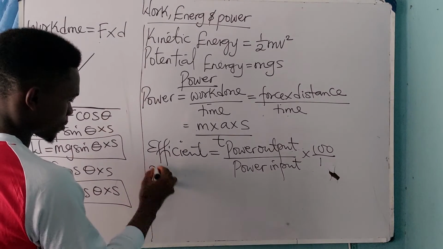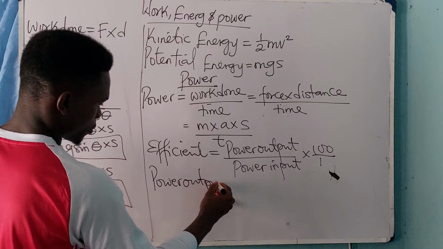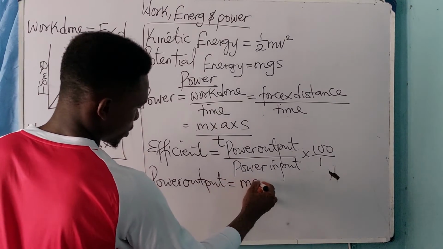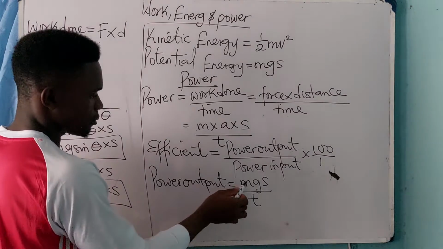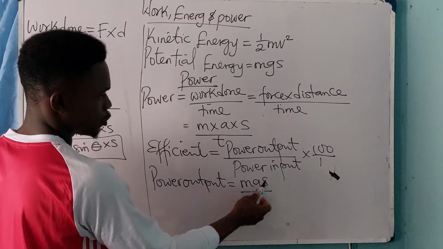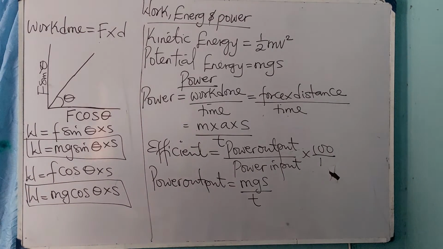But power output is usually mgs over t, which means that after solving for power output, whatever you get, you put it here. That will be for the power output.